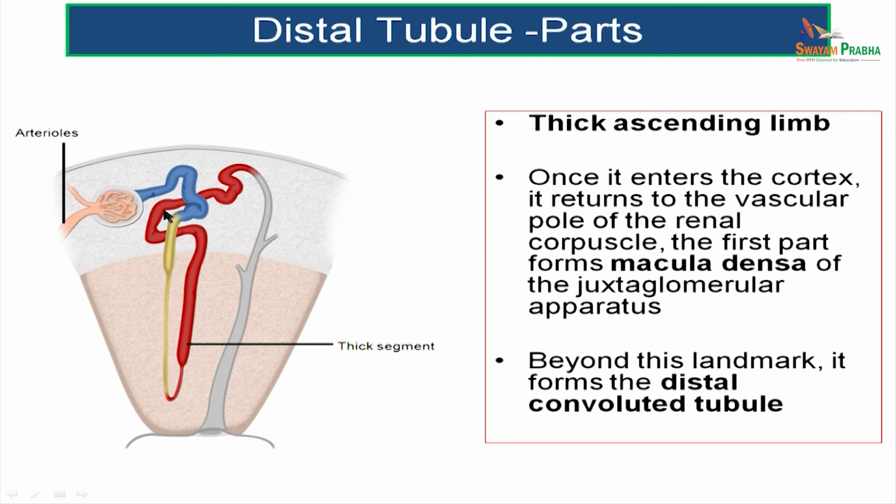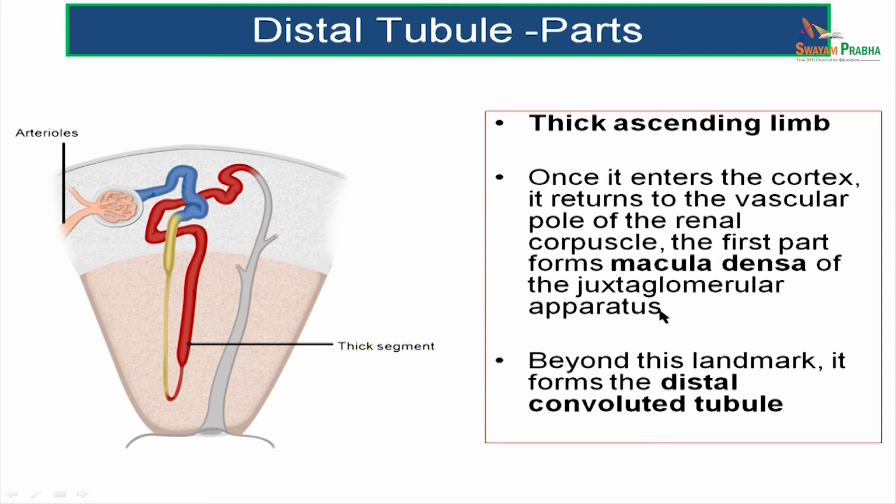Please note here that this is the thick segment of the loop of Henle, ascending to the cortex, and it reaches the vascular pole of the parent nephron. It forms a structure called macula densa of juxtaglomerular apparatus.